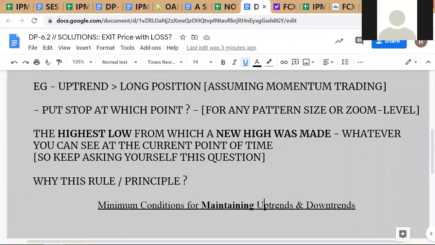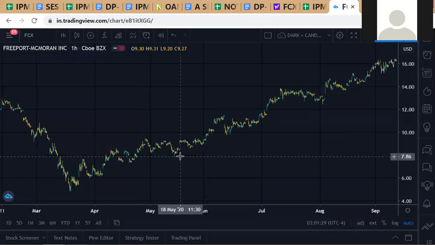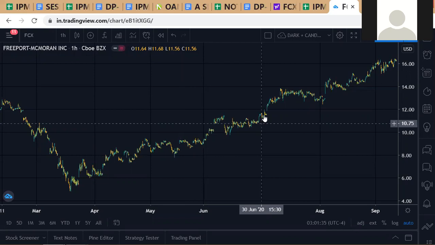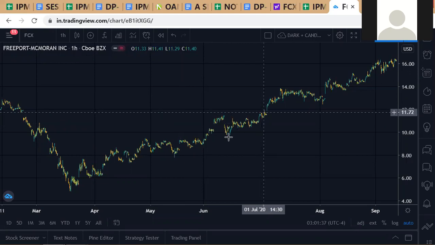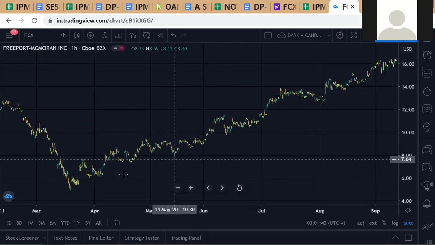What does this mean? That means you do it at all points of time, constantly. Ideally, if you're a computer, you're doing it second to second. Every second you're doing it.